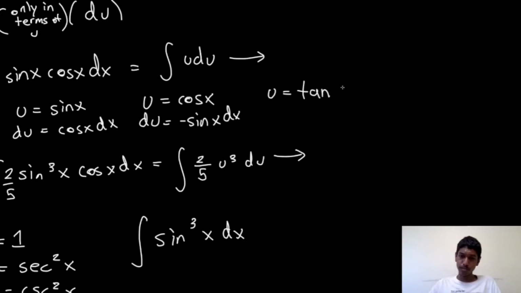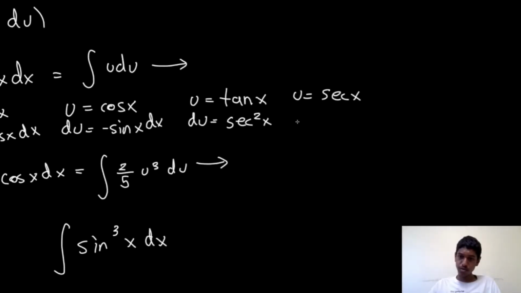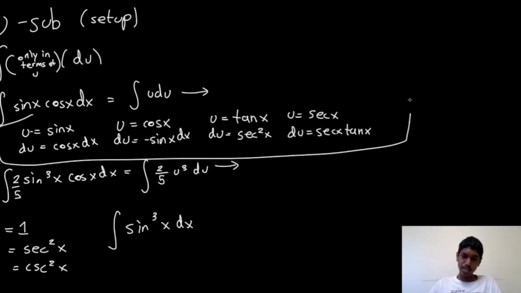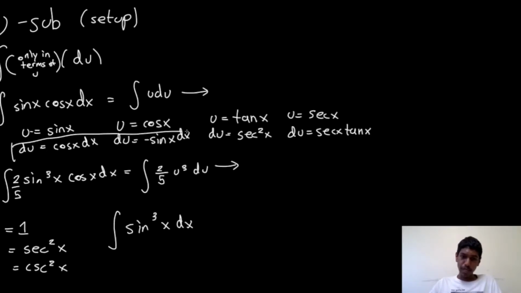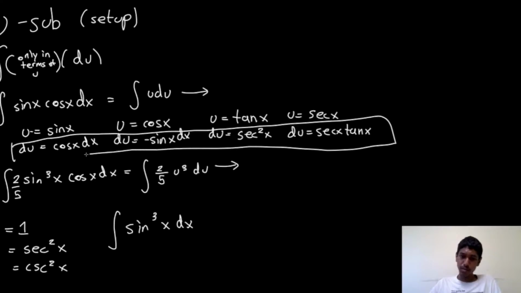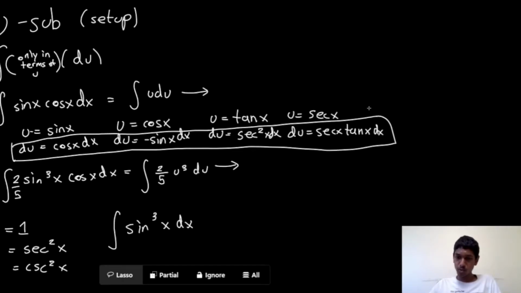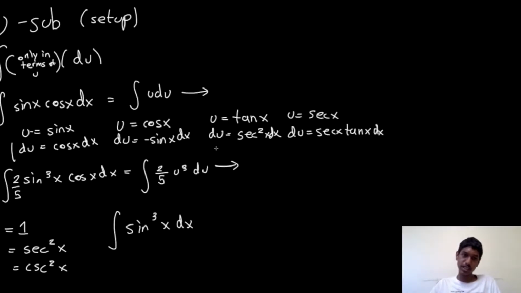This goes for whatever u-sub you pick, but the four main choices of u are what I've written down here. Basically, these four statements by themselves are just derivative rules. But keep in mind that if you want to do a u-sub, then you have to set aside one of those du's. I forgot some dx's here. It depends on what you pick, whether you pick sine, cosine, tangent, or secant.